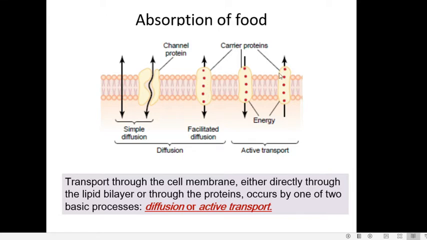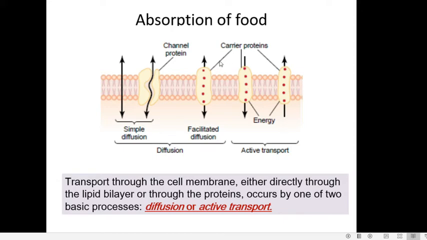So they have to cross this barrier, the cell membrane, which is made up of lipids and proteins interspersed in between. These substances can either directly pass through the lipid bilayer or they have to pass through the channels or tunnels which are created by these proteins.